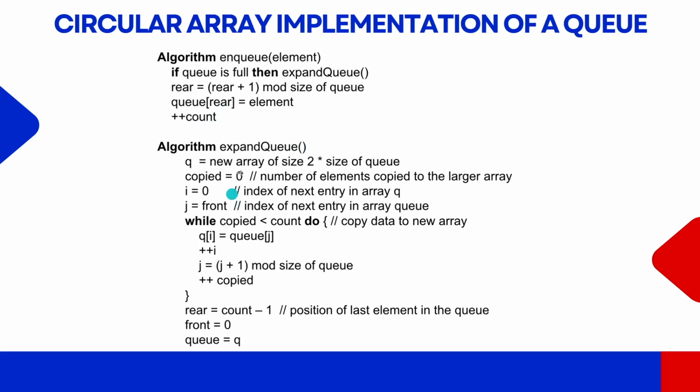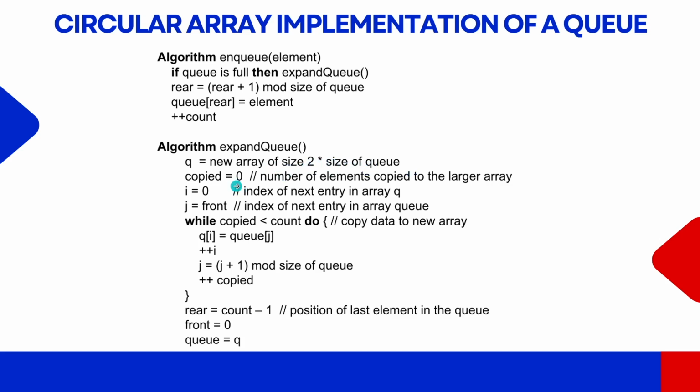Now let us see the algorithm for expanding the queue size. So let us consider the variable q. We are actually doubling the size of the array, so whatever size it was, now we are multiplying by a factor of 2, and initially we set the variable copied as 0.